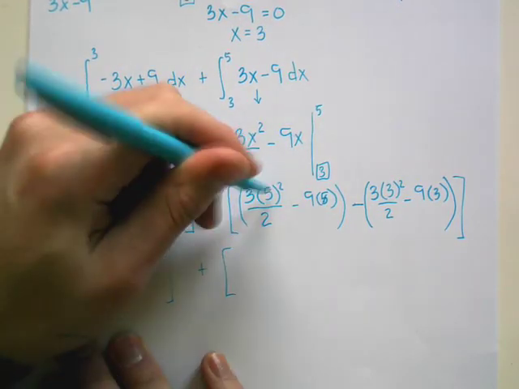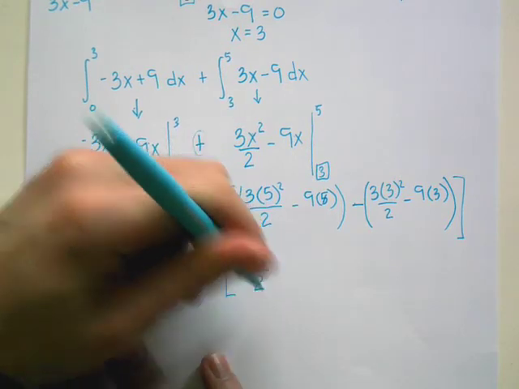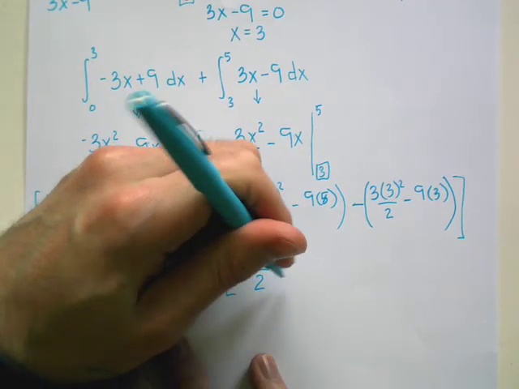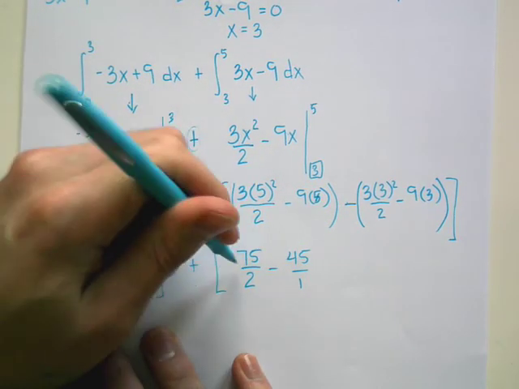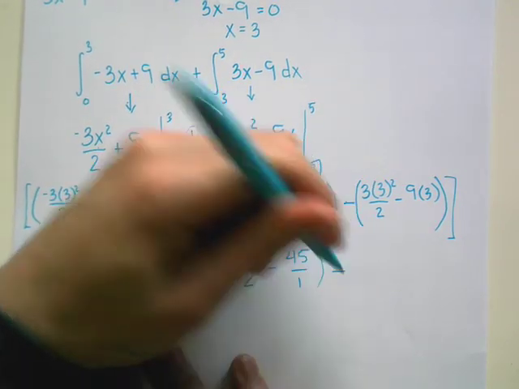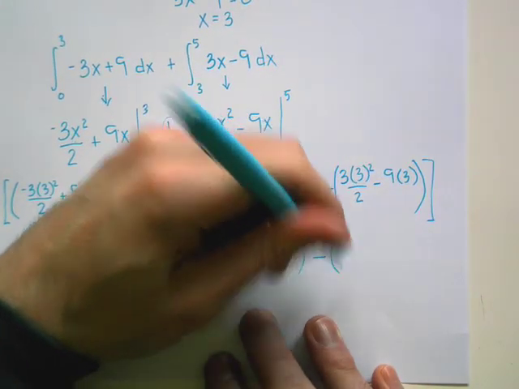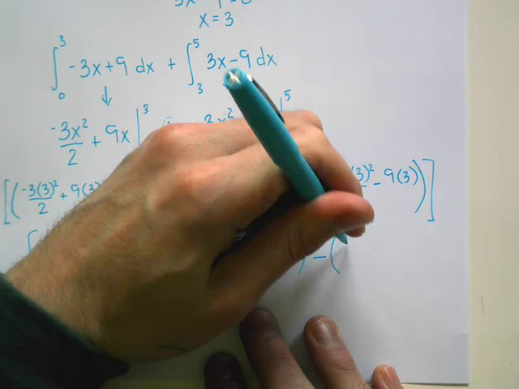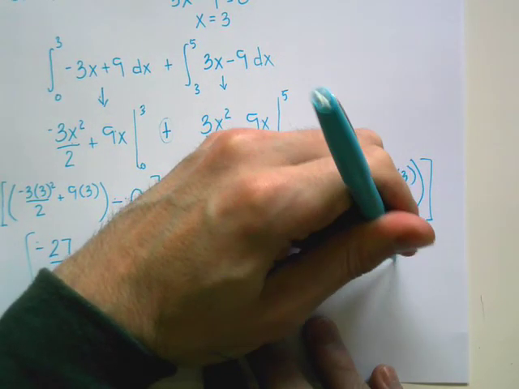Plus, okay, 5 squared is 25 times 3 is 75 over 2 minus 45 over 1. Minus, and again, it's just a lot of calculations here. So 3 squared is 9 times 3 is 27 over 2 minus 27 over 1.